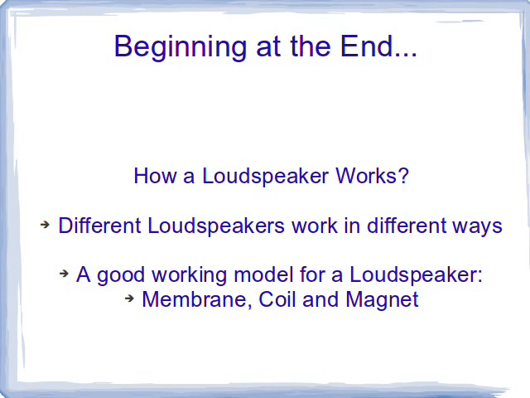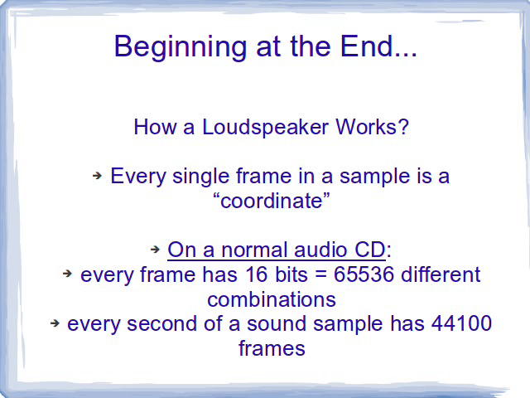And if you apply electrical current on this coil, the magnetic field generated inside this coil will attract or repel the magnet in it, and thus make the loudspeaker membrane go back and forth. Basically, this is the way a common loudspeaker works. And that's what an electrical signal does to the loudspeaker.